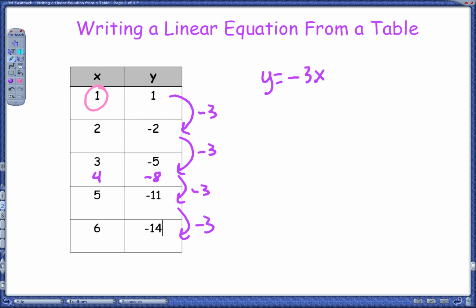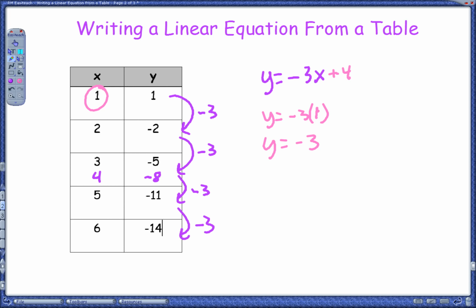So for example, y equals negative 3 times 1, which is negative 3. Now what would I have to add to negative 3 to get all the way to positive 1? Well, I'd have to add 4. So it must be plus 4.